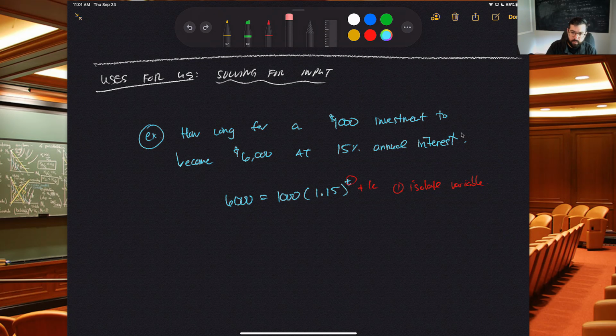So we don't have that, so I want to now divide by any coefficients. That's what I mean when I say isolate the variable. So I'll divide both sides by 1,000. And what do we get? 6 equals 1.15 to the t.